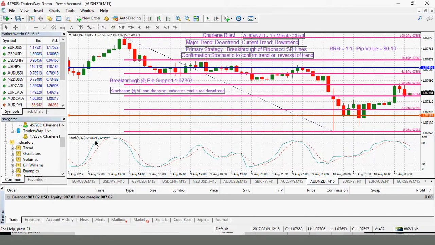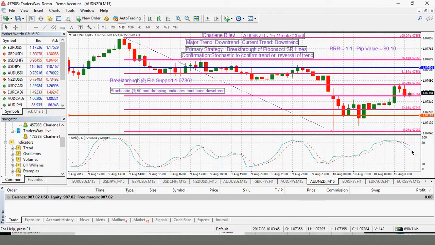So I'm looking for the stochastic to go down, and once that hits 50 and below, that will confirm the breakthrough in the downtrend, and at that point I will enter into a sell.